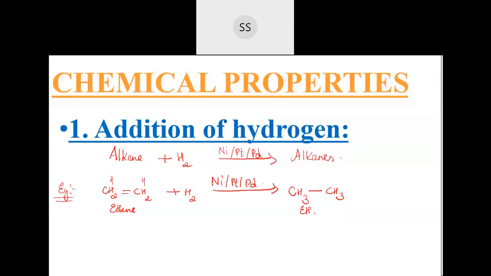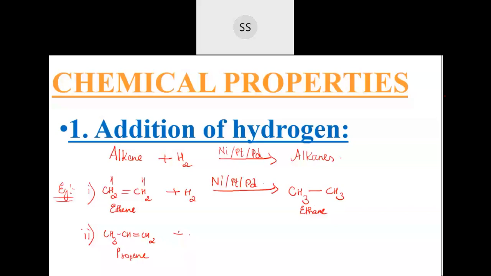So this is what we are doing on addition of hydrogen. Clear? It's very simple. If they give you some other compound, you can write it down. If I take CH3 CH double bond CH2, that's propene, they will give you hydrogen in the presence of nickel, platinum or palladium as a catalyst.